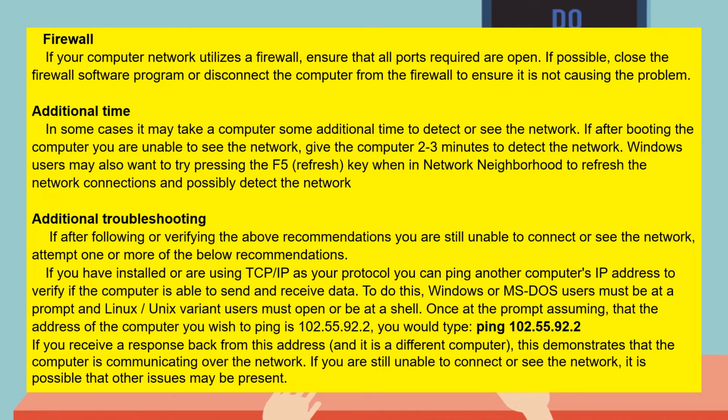Once at the prompt, assuming the address of the computer you wish to ping is 102.55.92.2, you would type ping 102.55.92.2. If you receive a response back from this address and it is a different computer, this demonstrates that the computer is communicating over the network. If you are still unable to connect or see the network, it is possible that other issues may be present.